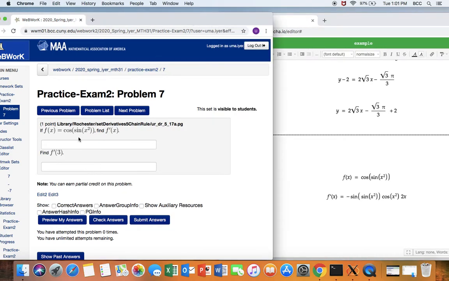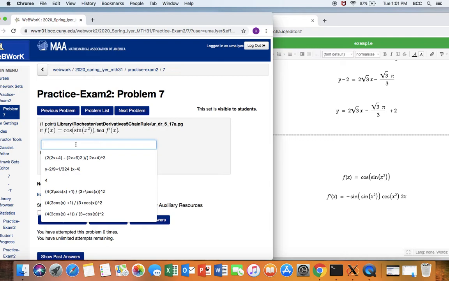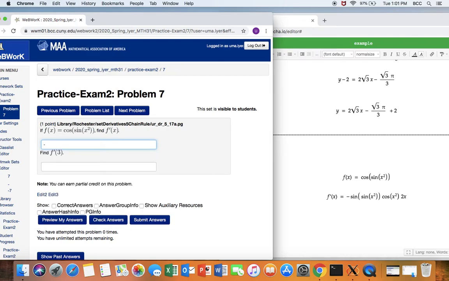So f prime is, there is a negative, I'll write it as I see, negative sine of (x to the power 2), now multiplied by cosine of (x to the power 2), times multiplied by 2 times x. That's it. That was f prime of x.